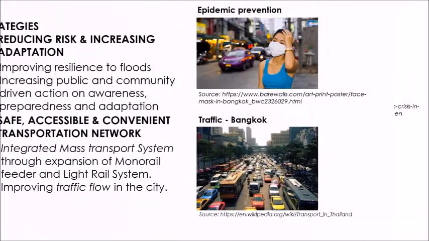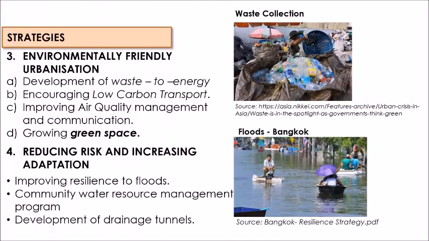Their strategies also included environment-friendly urbanization, development of waste to energy, low carbon transport, improving air quality management, and increasing green space. They also worked on resilience to floods through a community water resource management program and development of drainage channels.